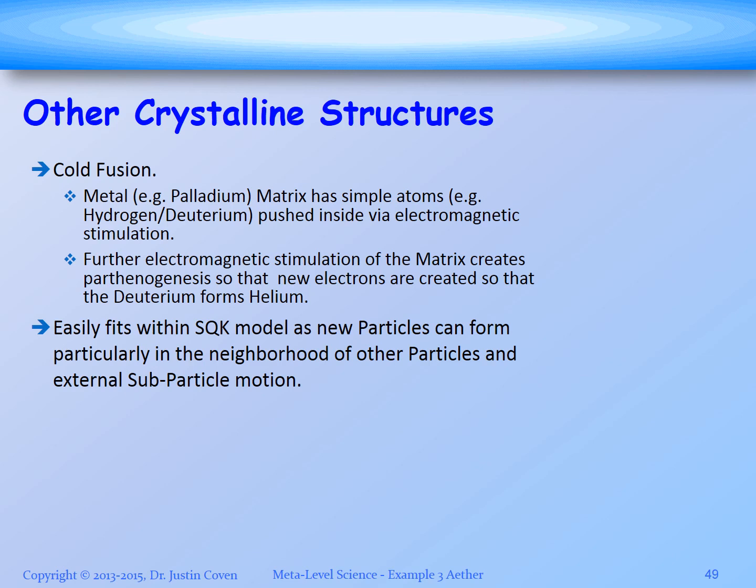Further electromagnetic stimulation of the matrix creates parthenogenesis, so that new electrons are created so that the deuterium forms helium and other materials. This easily fits within the subquantum kinetics model, as new particles can form, particularly in the neighborhood of other particles and external subparticle motion.